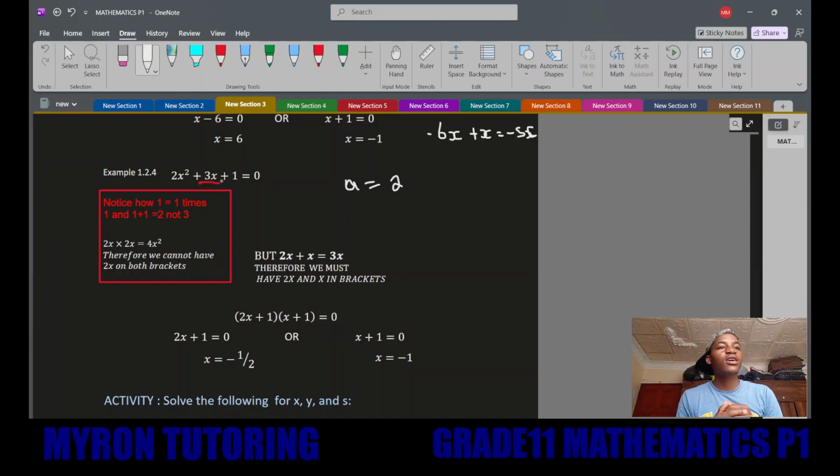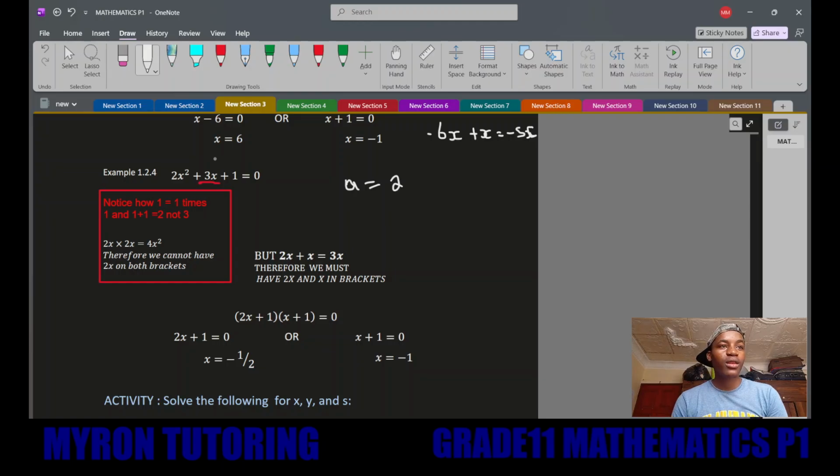You can divide everything else by 2 so that instead of having 2x squared, you have 1x squared. You can do that. Nobody's against that. You will get full marks as long as you are able to factorize correctly. But what I want you to notice here is the middle term. The middle term that we have now is positive 3x.